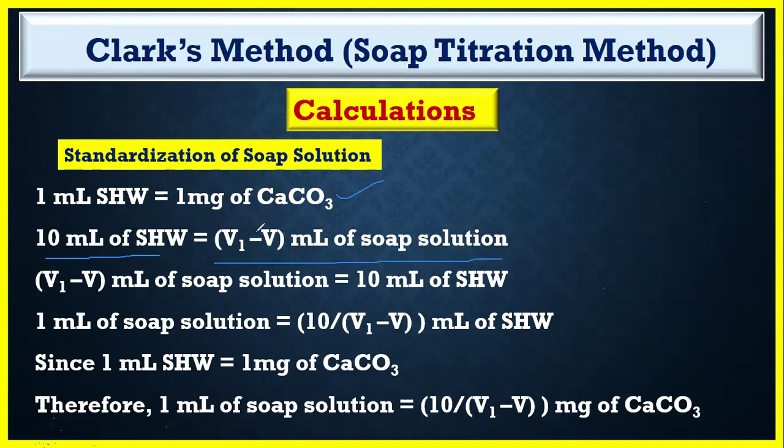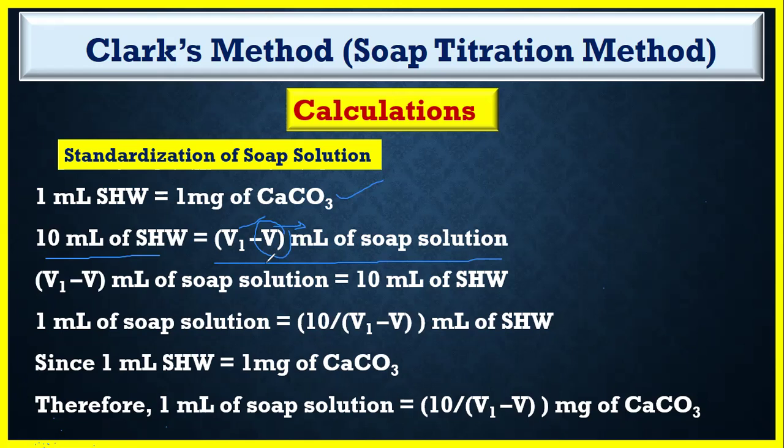Why are we subtracting the lather factor here? Because when we titrated the standard hard water with the soap solution, the volume reading came V1 ml. But to know the exact amount of soap consumed only due to the calcium ions present in the standard hard water, we have to subtract the reading, that is the lather factor, because the lather factor is the reading of the distilled water with the soap solution.